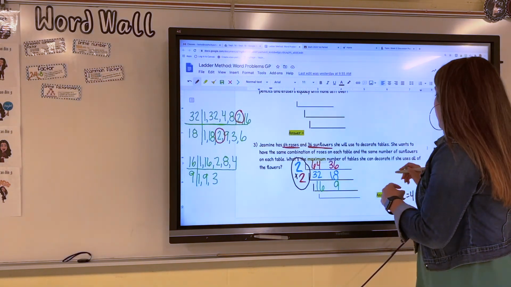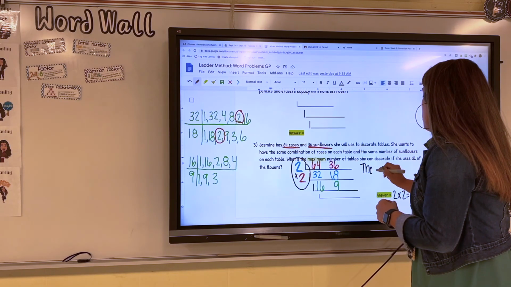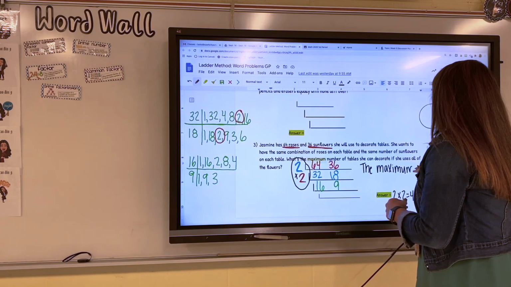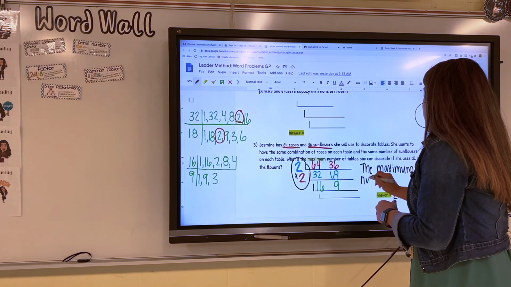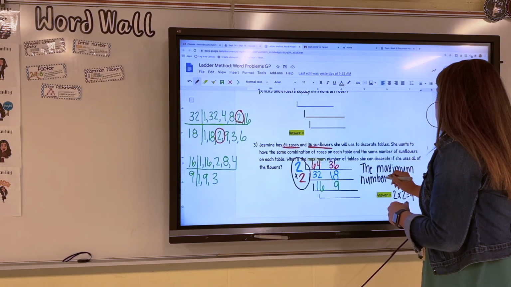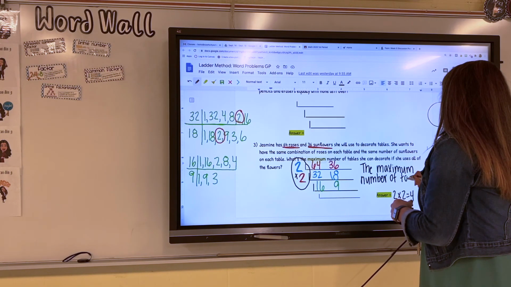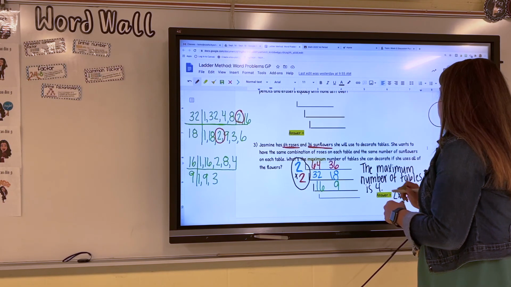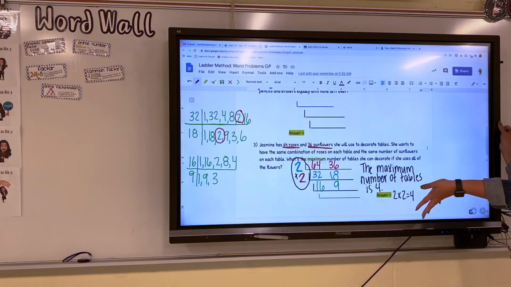So we're going to say the maximum number of tables is 4. And that is our answer.